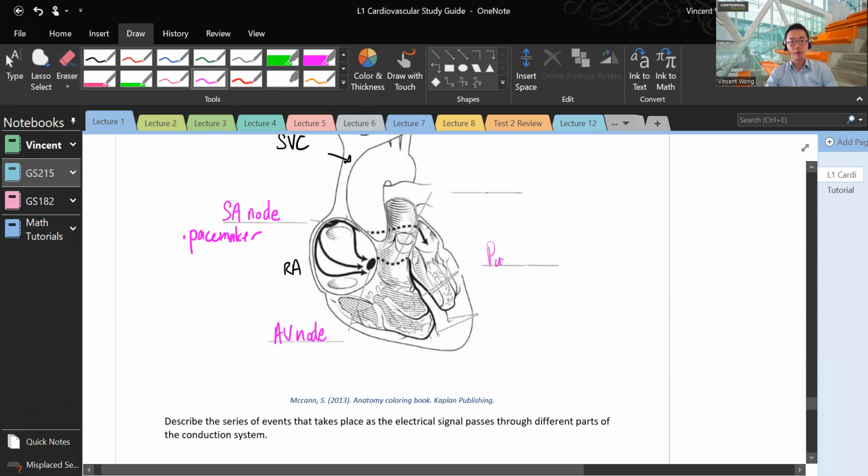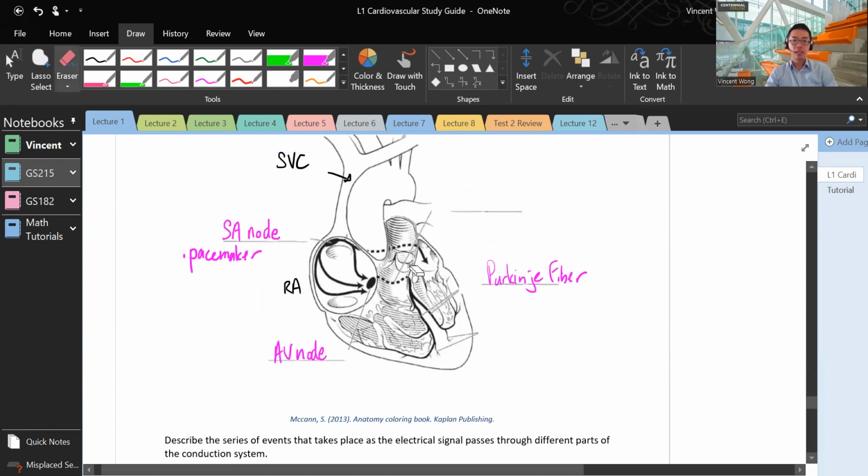So that's the Purkinje fiber. Okay, and all these things that are in between, we'll just call them AV bundles. Okay, they would just help link everything together. All right.